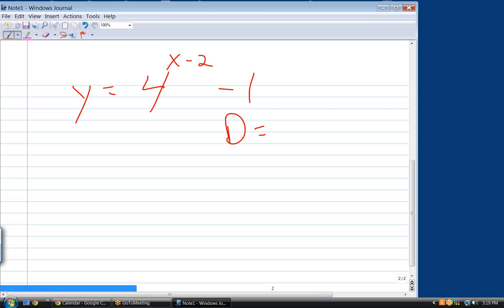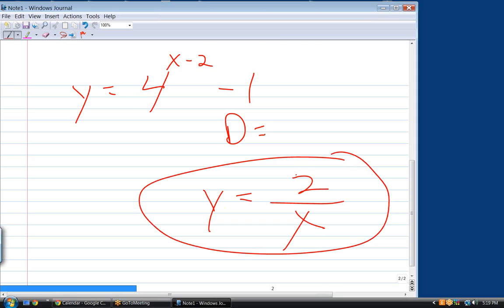Best way to think about domain is to see if you can figure out anything that it can't be. It's more about what it can't be than what it can be. Because generally, unless you have an unusual function, x can be pretty much anything. Unless I said y equals 2 over x, now x can't be 0, but that's it. That's the only thing x cannot be, would be 0.